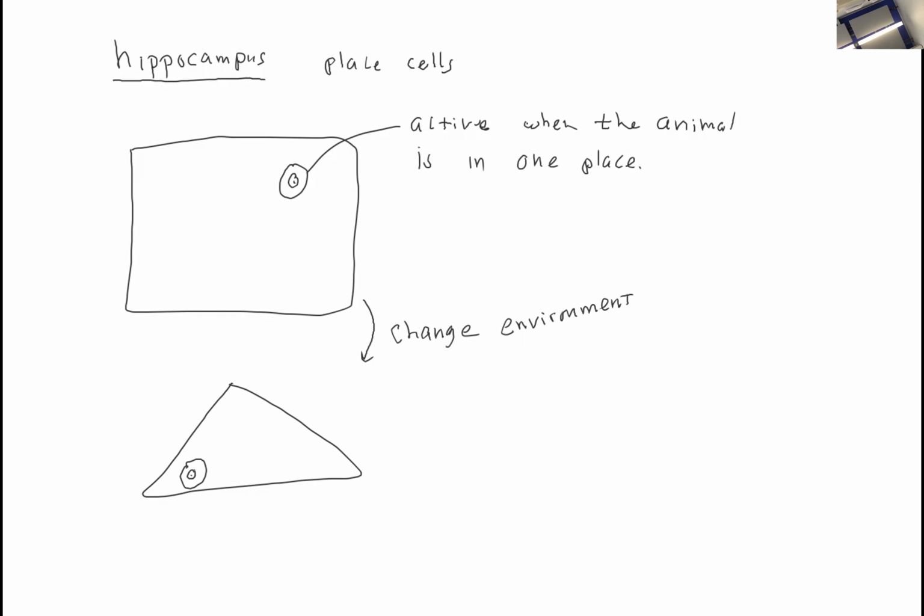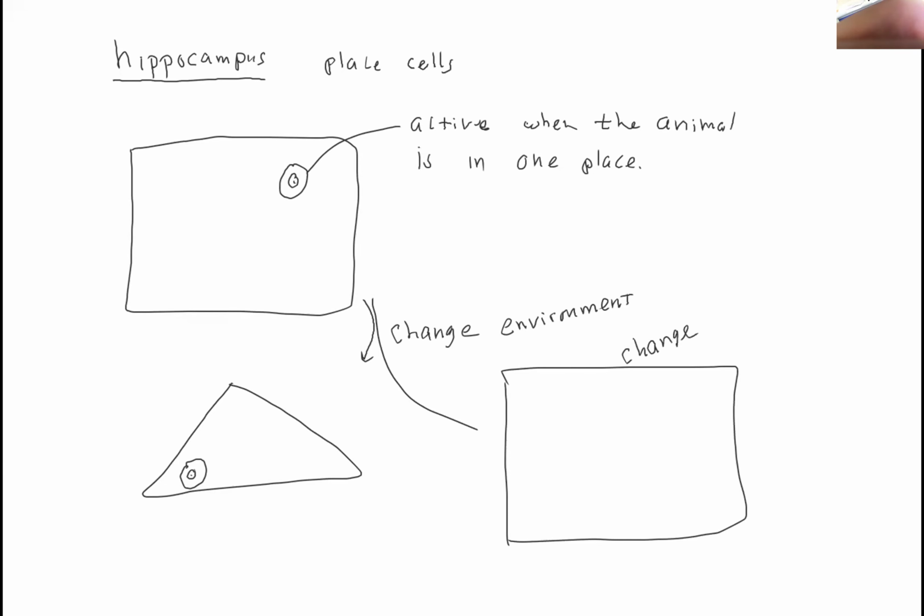You can even change what's on the wall. You can do experiments where you put something on the wall, then put something else on the wall, and the place cell moves around. So you change the environment by changing what's on the walls. It looks like a different environment to the animal, and the place cell is going to move around.